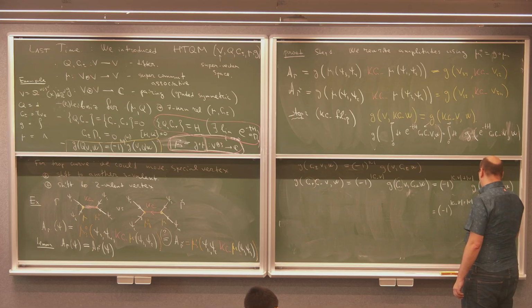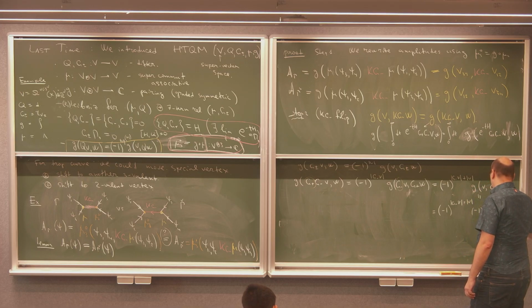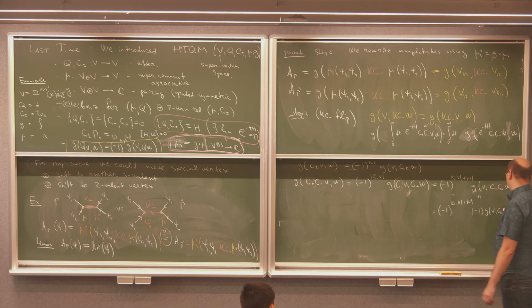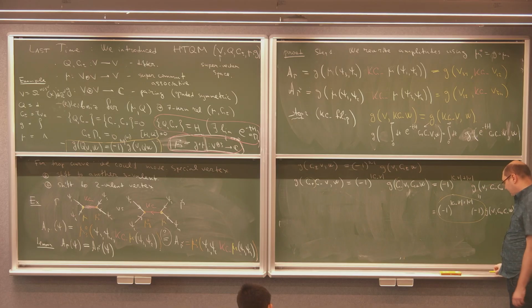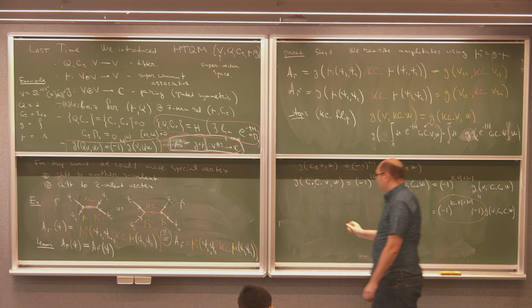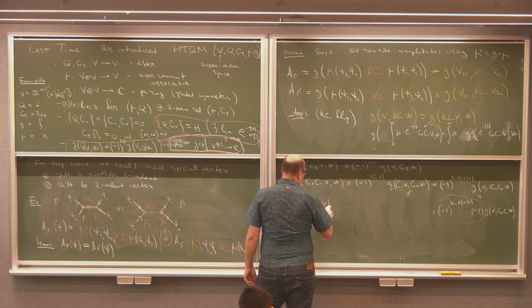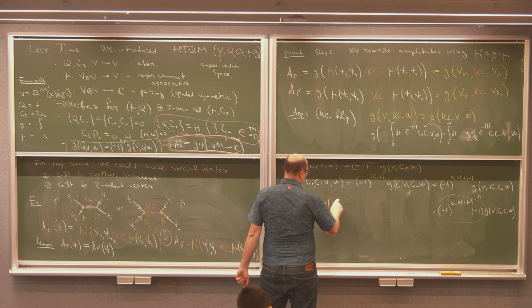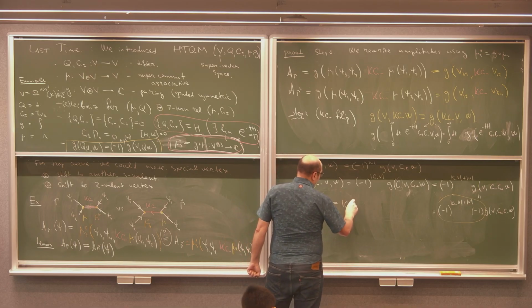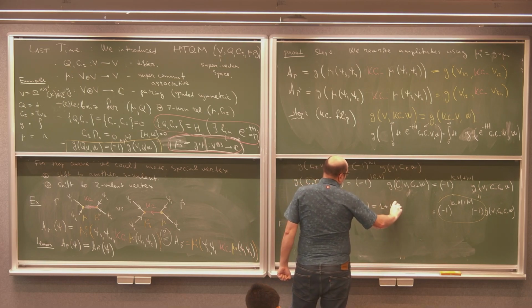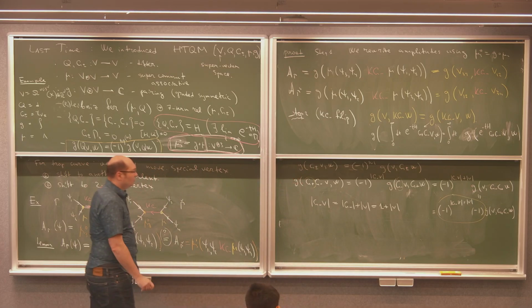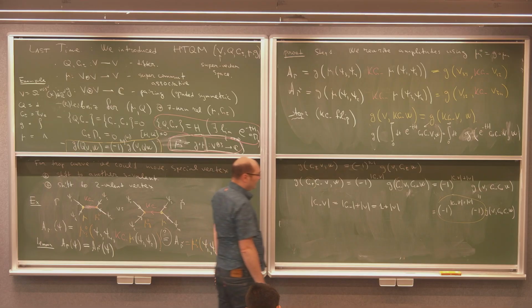And there will be another minus sign, because here we flip the order g minus g plus acting on w to g plus g minus acting on w. So now what is left is to carefully compute this sign factor. Let us notice that according to our definition, the parity of g minus v is the parity of g minus plus the parity of v. And g minus is by definition an odd operator, so mod 2 it's 1 plus the parity of v.